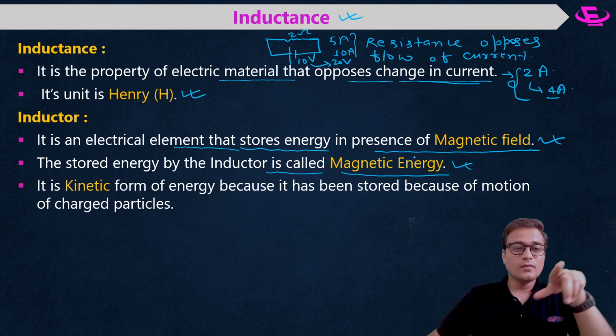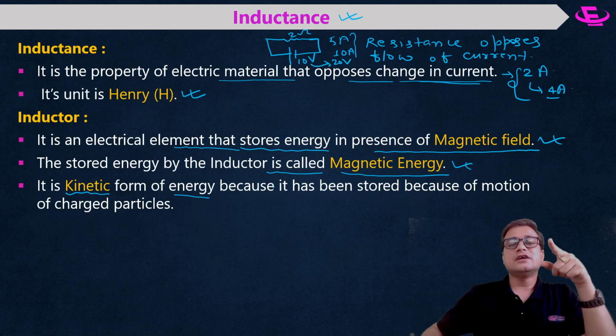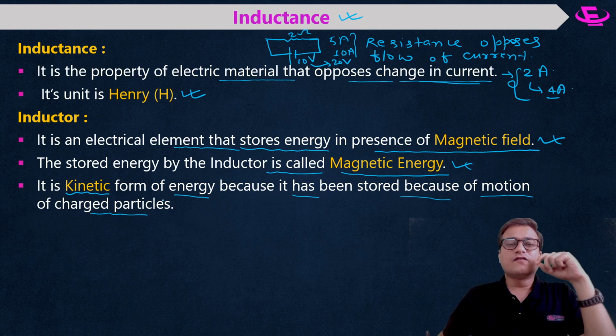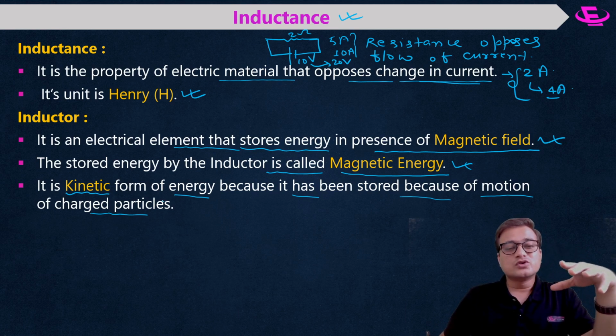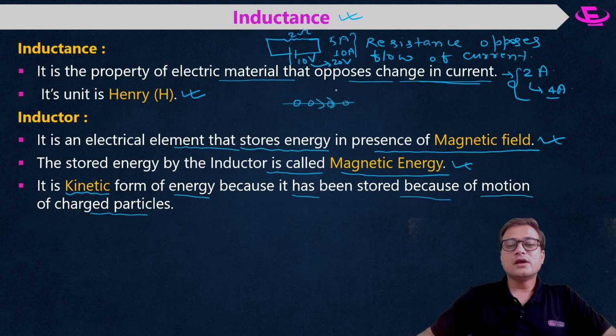Next, it is the kinetic form of energy. This is a very important point. Why? Because it has been stored due to the motion of charged particles. That means you have charged particles, and if these particles are moving, then there will be current.